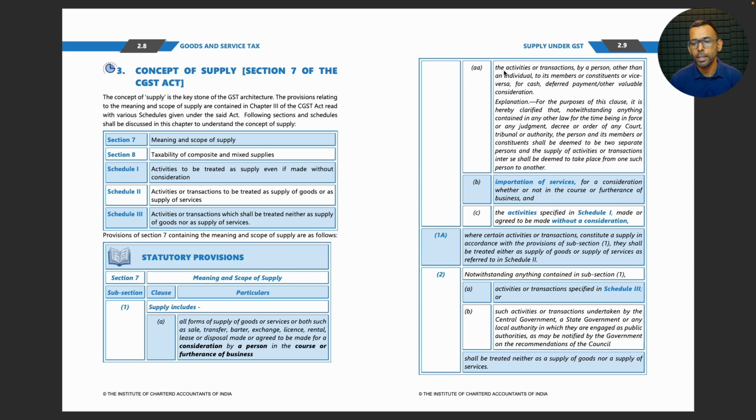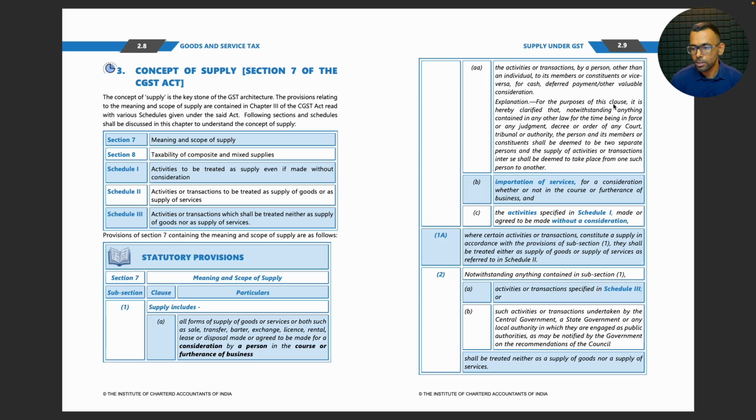Clause AA. The activities or transactions by a person other than an individual to its members or constituents or vice versa for cash, deferred payment or other valuable consideration. Explanation.